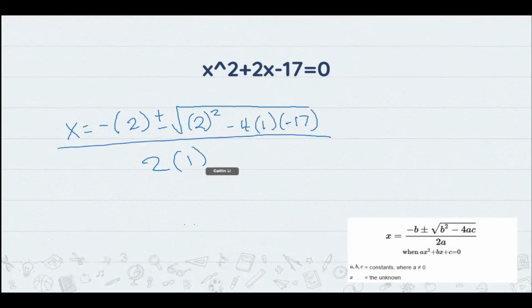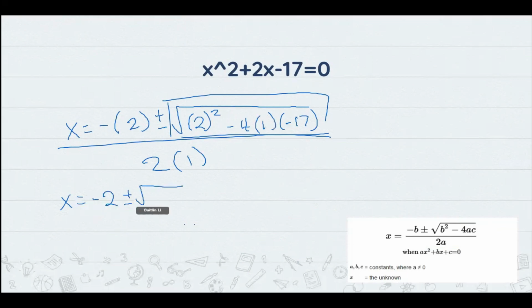So I should write this smaller. Fine. Again, we combine what's in the radicand, and we also combine what else we can. So it would be negative 2 plus minus radicand 72 over 2.